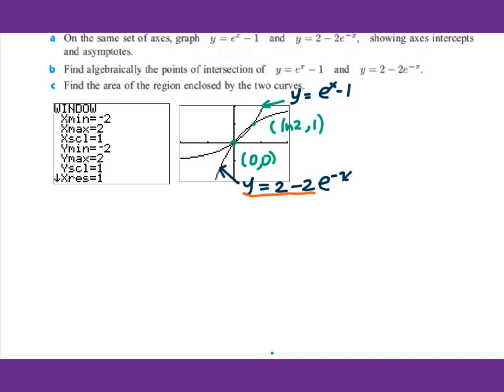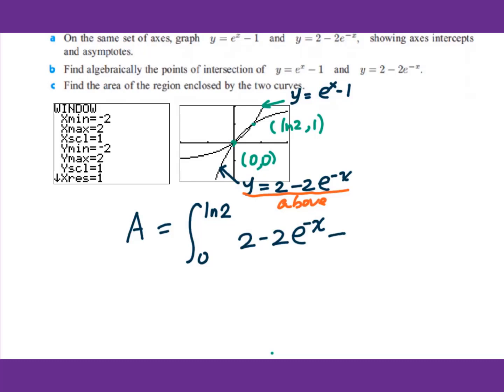So this is the above function, and this is the below function. Therefore, we can set up the area equals the integral from 0 to natural log of 2 of 2 minus 2e to the negative x power minus (e to the x power minus 1). We do a definite integral of this function.